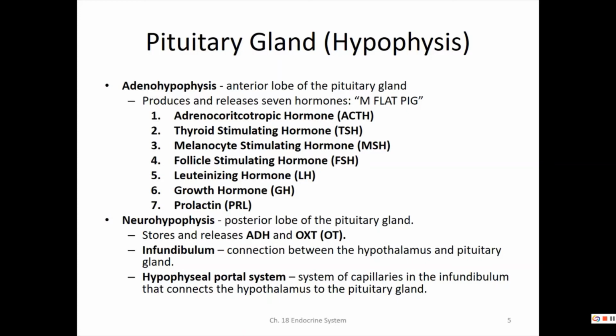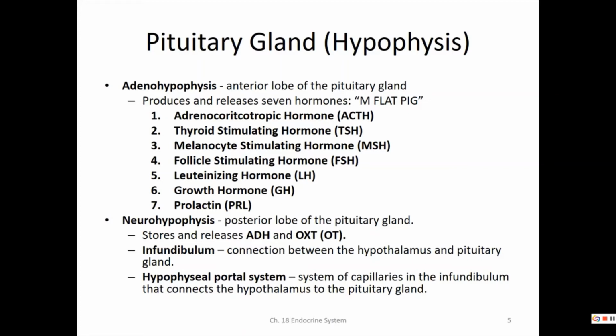Now, the first one, ACTH. Got one of the biggest names here. Adrenocorticotropic hormone. What does this mean? Adreno, adrenal gland. Cortico, cortex. So this hormone is telling me it goes to the adrenal cortex. Now think back to lecture.